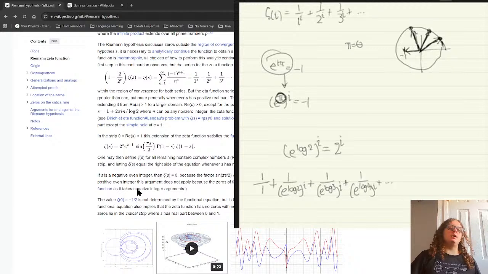The real part is what determines the radius. And if you have the real part of s greater than 1, then the length of these arrows is going to decrease, such that the sum converges, right?